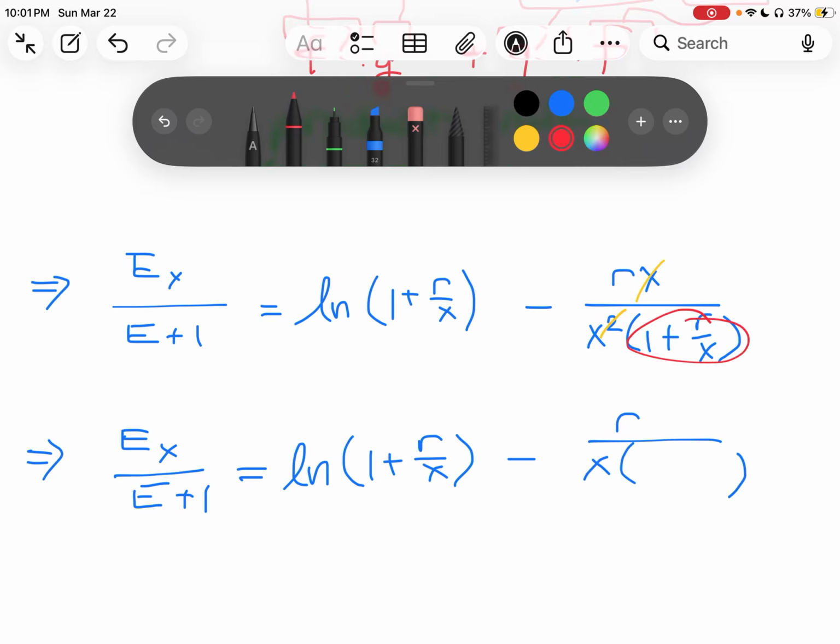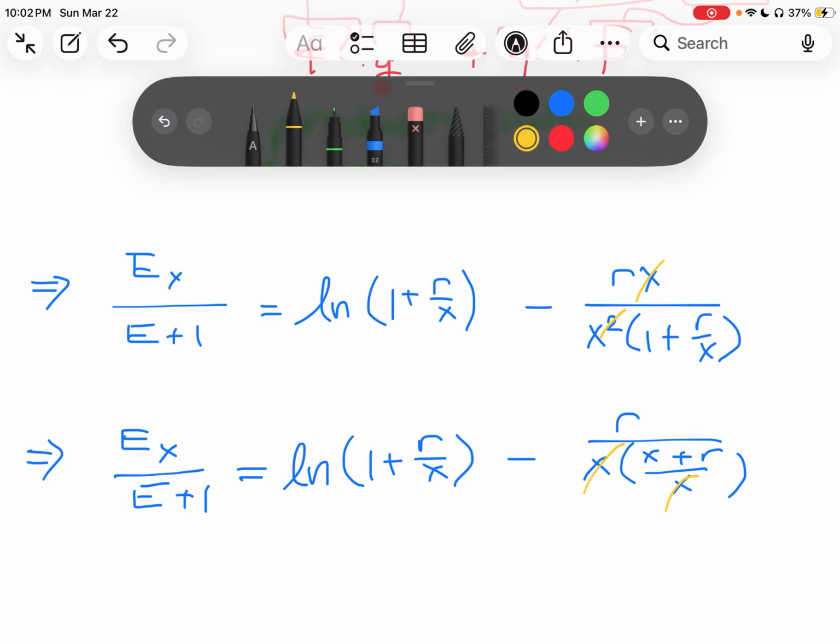We have a fraction, but I'm going to change it so that it's not a mixed fraction. So we have 1 plus r over x, which is just x plus r over x if I put it into one fraction, right? And so now we can see that things will cancel out.